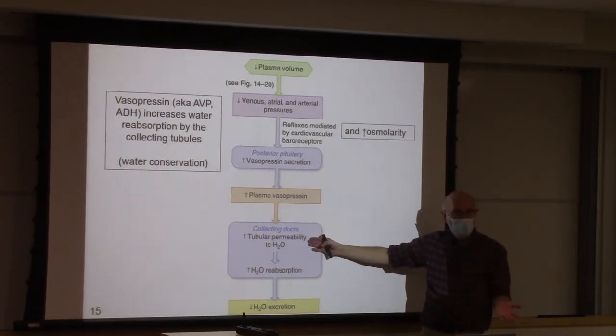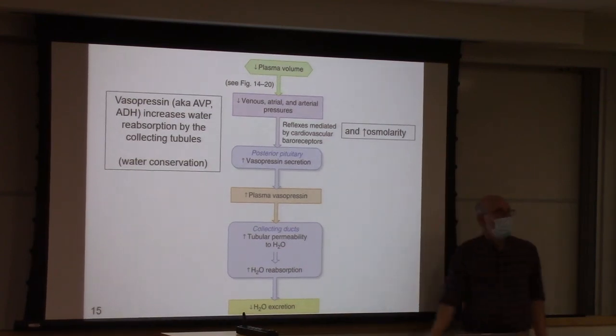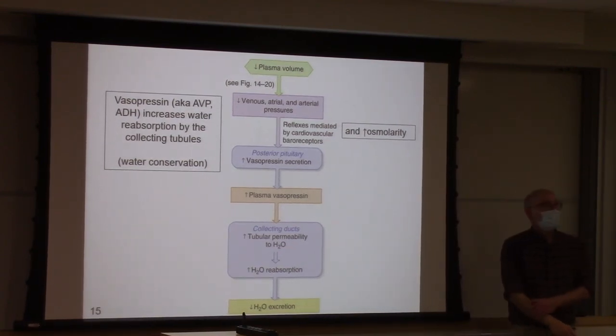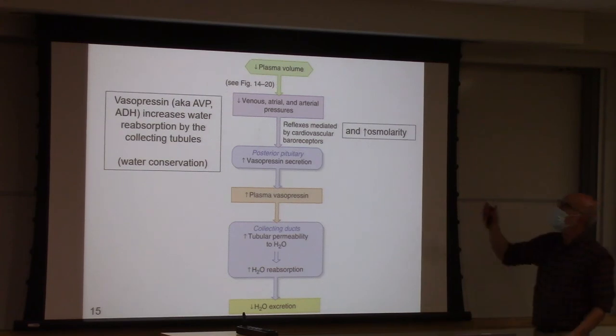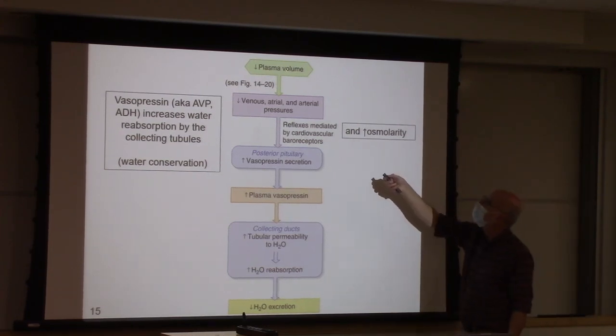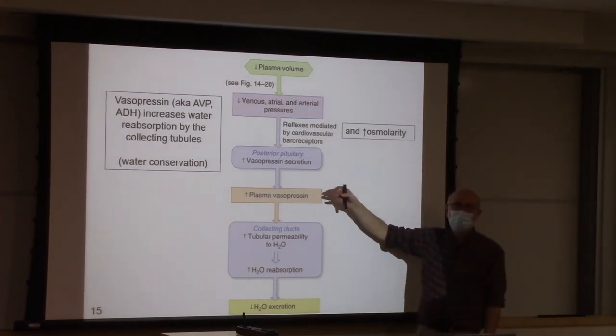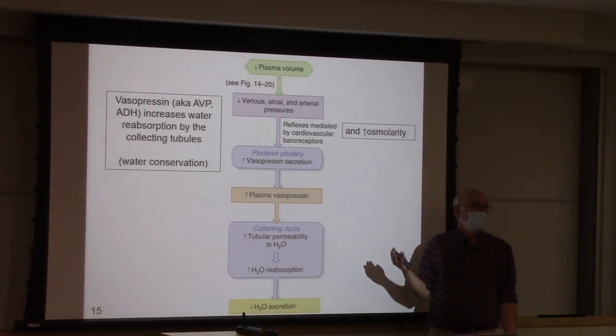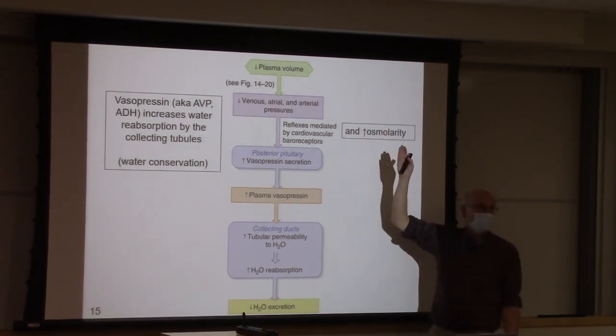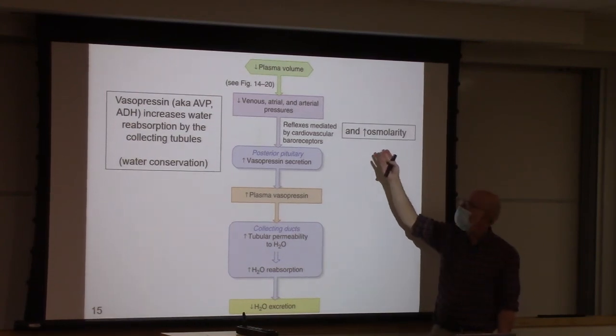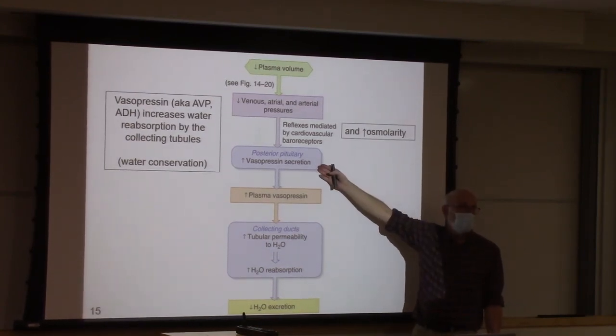Vasopressin, permeability, water excretion. We can do it this way: low plasma volume, high osmolarity, say, or just low volume, triggers vasopressin secretion.